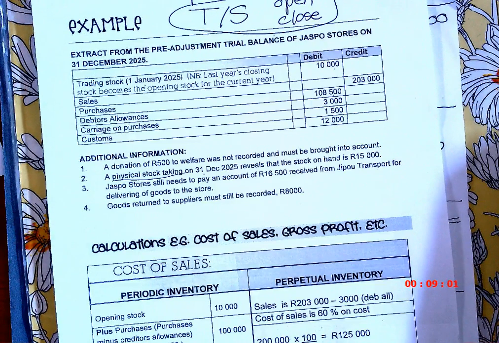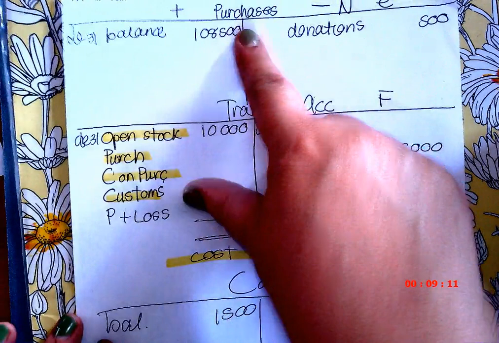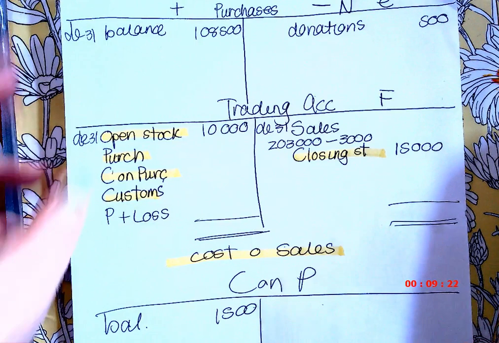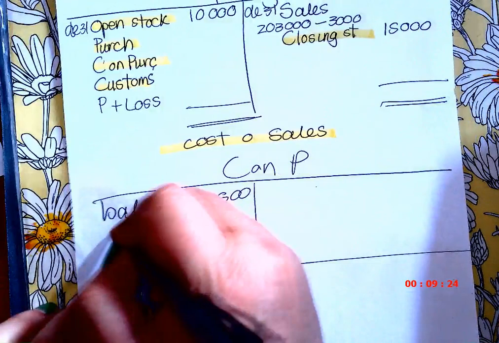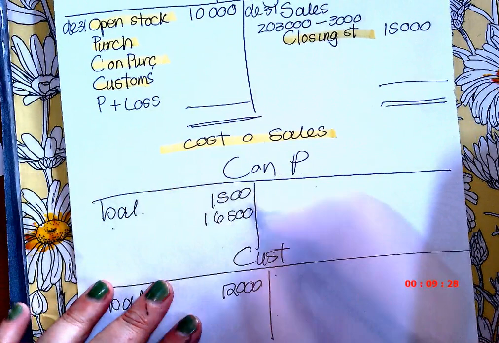If we want to calculate cost of sales, carriage on purchases or carriage on sales? Purchases, ne? Because we are busy with purchases. So now I'm asking you, if they deliver to our store, is it carriage on purchases or carriage on sales? Purchases. So my carriage on purchases is going to become more with 16.5, and they say I still owe him.